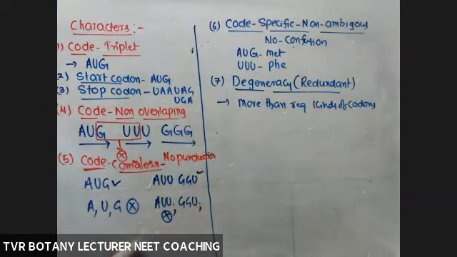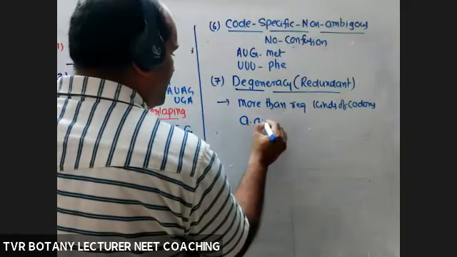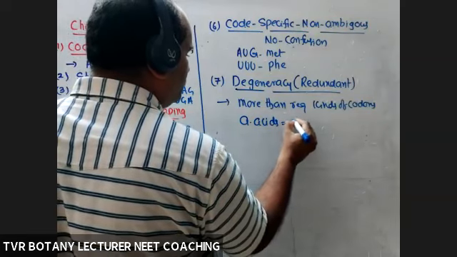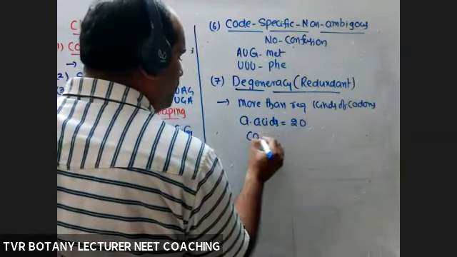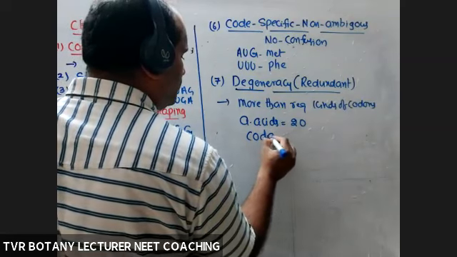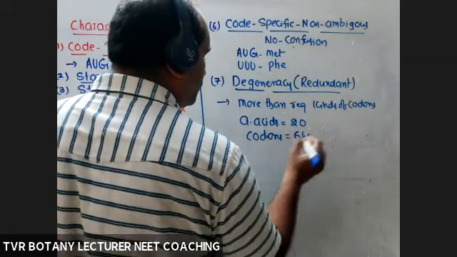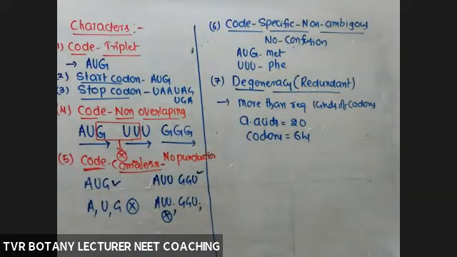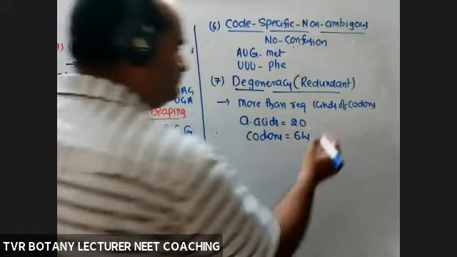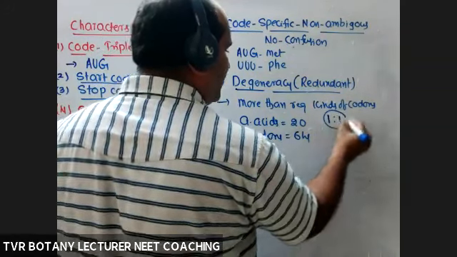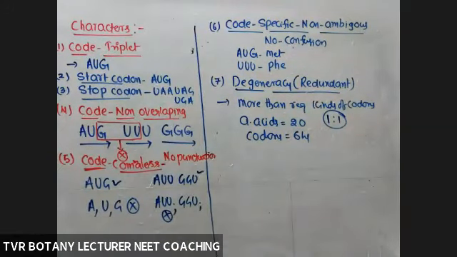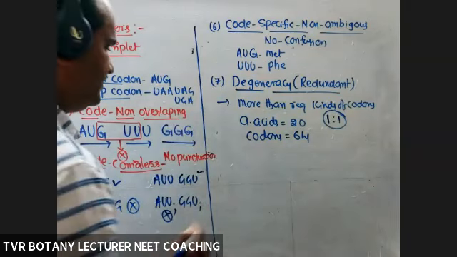Total number of kinds of amino acids, 20. Codon kinds, 64. More than required or not? Too much, more than required. That is called as degeneracy, degenerate codon. 1:1 enough or not? It is more than 1:1, 1 or 2 or 3 or 4 or 5 or 6. It depends on. So that is called as a degeneracy.